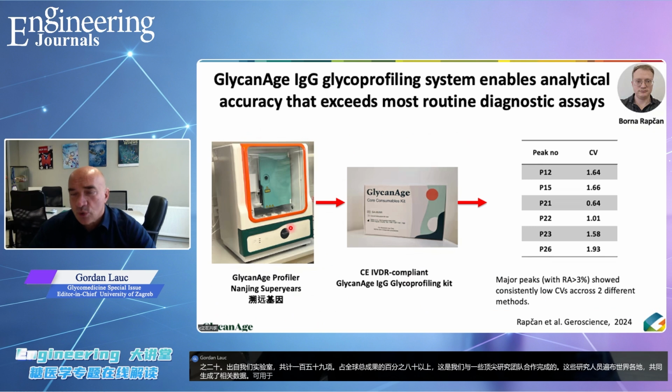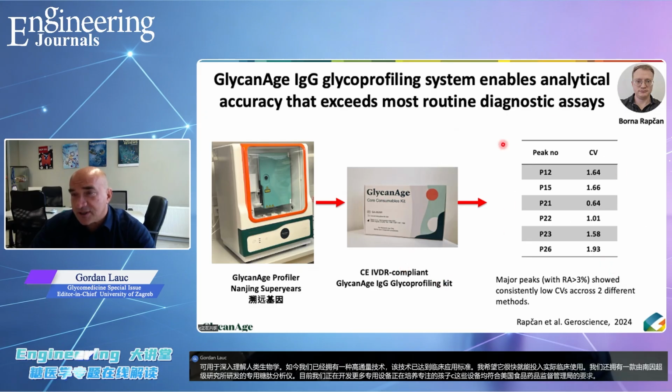And today, we do have a technology which is high throughput, which is clinic ready, and which I hope will be in the clinic soon. We have a dedicated glycan age profiler made actually by Nanjing Super Years. We are developing dedicated kits which are CE-IVDR compliant, meaning they do have a regulatory approval.